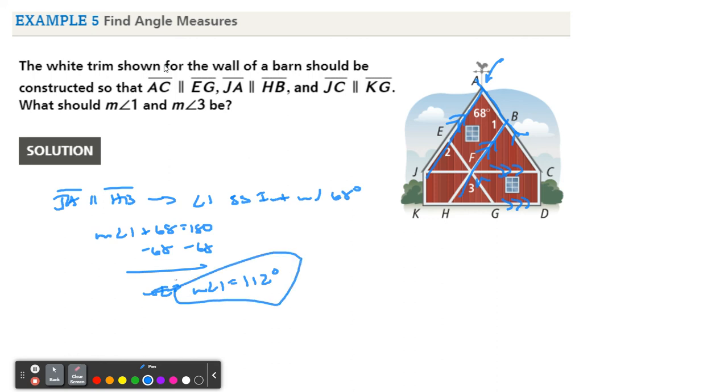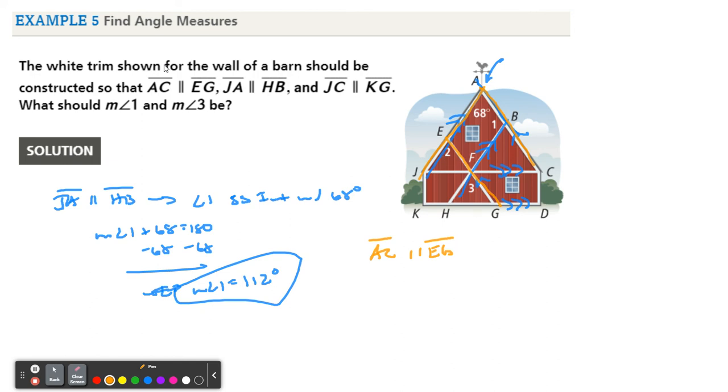All right. Now to find angle 3, I'm going to go through angle 2. So to find angle 2, let me change it to orange. I'm going to use segments AC and EG being parallel. So here's AC, here's EG. So this is my transversal I'll use. 68 and 2, they are corresponding angles.